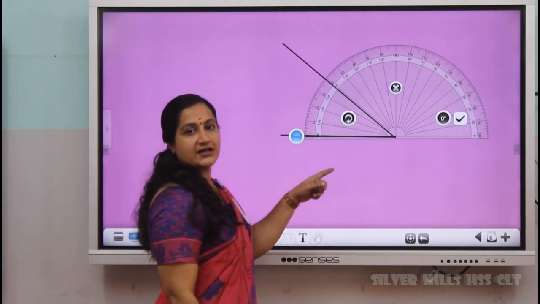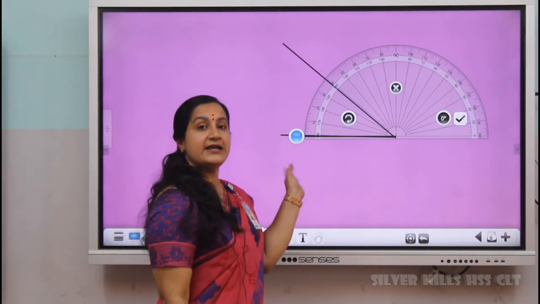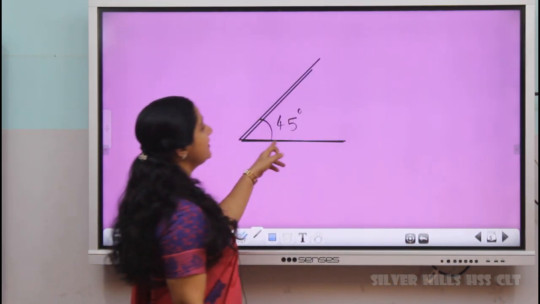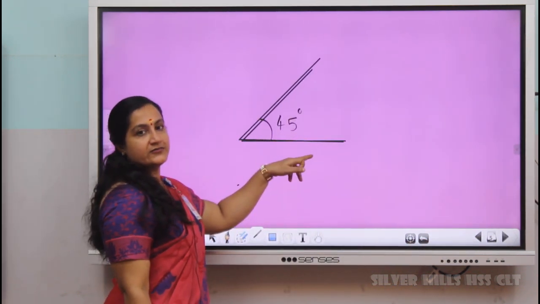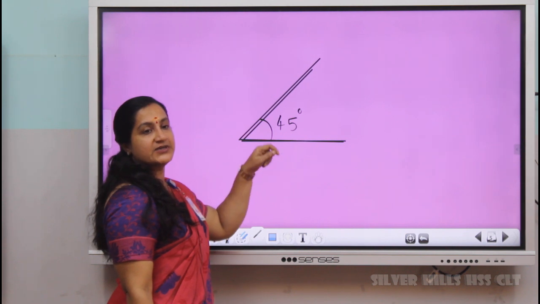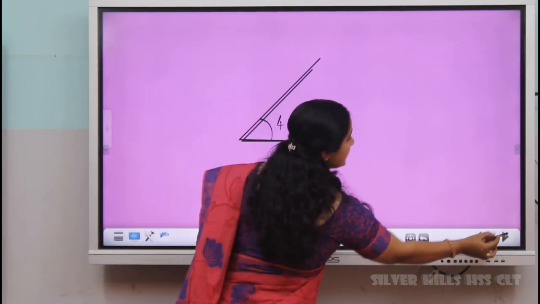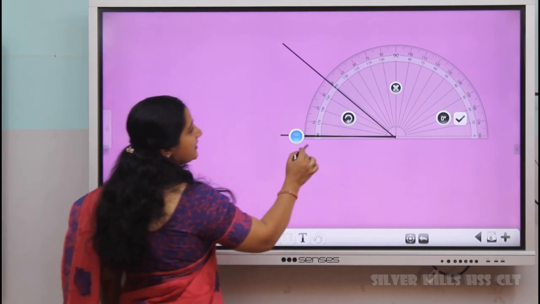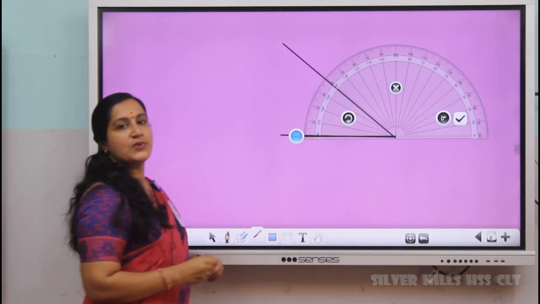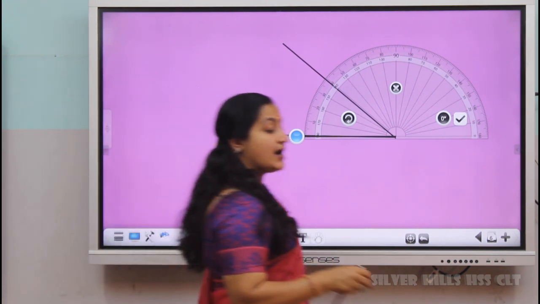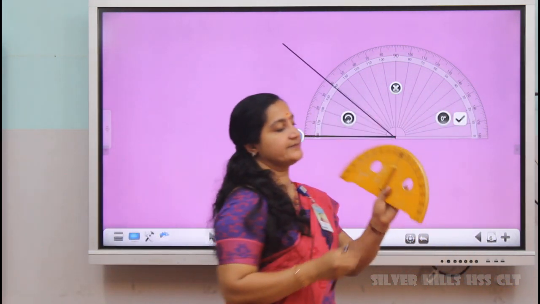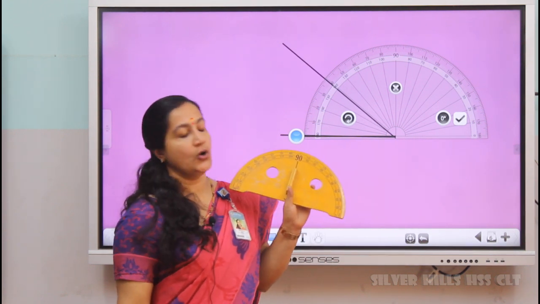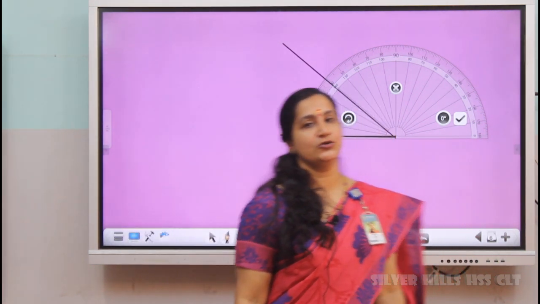We have to start counting from the left side. In the previous question, we took 0 from the right side. In this, we have to take it from the left side. That is why the protractor is marked 0 to 180 on either side. 0 to 180, again 0 to 180. Hope it is clear to my children.